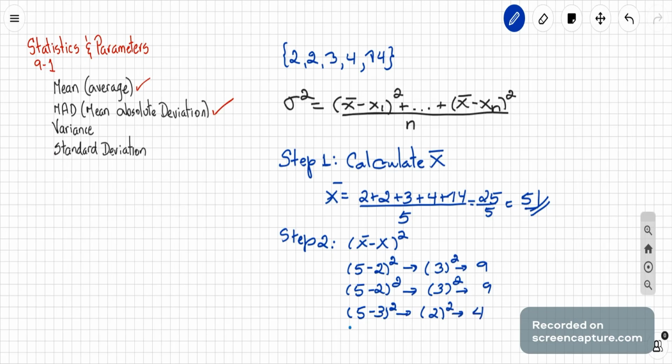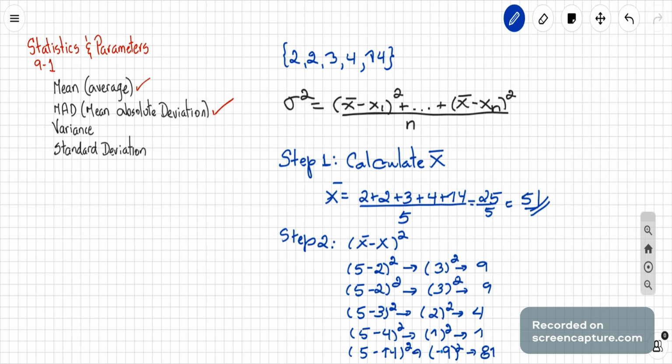We continue calculating 5 minus the following number, which is 4, raised to the power of 2. That is 1, and 1 squared equals 1. And finally, we have 5 minus 14 raised to the power of 2. 5 minus 14 is negative 9, and negative 9 squared equals 81.